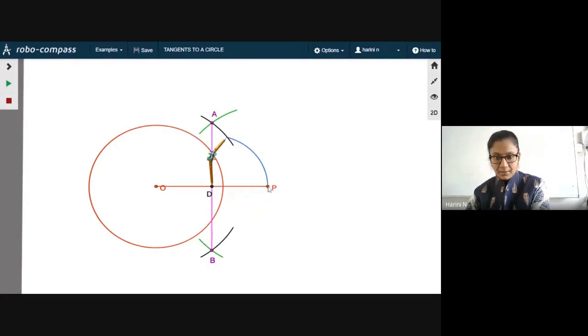Keep your compass at D, take a radius of DP and cut an arc. In fact, you will be drawing an entire circle with D as center and DP as radius. Draw a circle intersecting my original circle, the red circle. Can you see how it is getting drawn there?